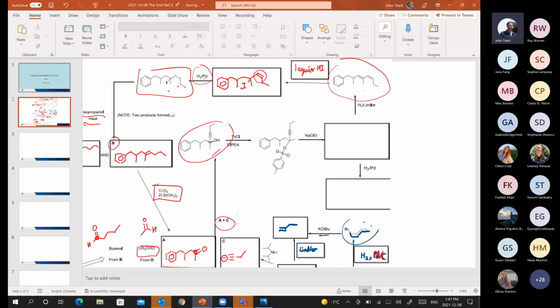So that all follows. Okay, so we got 2 more boxes here. Sodium ethoxide gives us something that we can reduce with Lindlar to that. So what do you think we're getting?